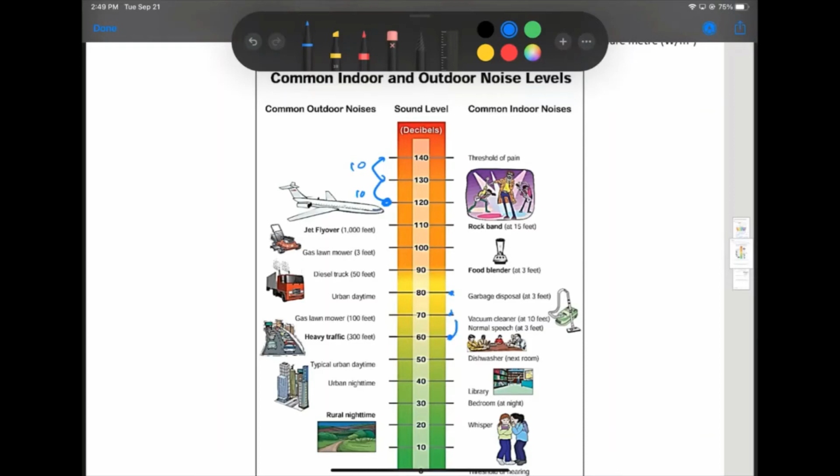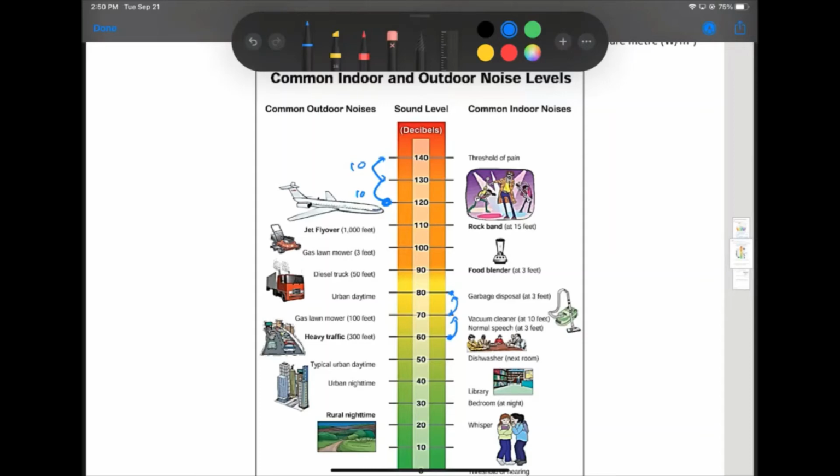It's the same jump. We went up by 20 decibels, which means we're going up by a sound intensity of 100, 10 times 10. And that's really the part to understand. When you're going up and down on the decibel scale, every 10 you go up or 10 you go down will be multiplying sound intensity by 10 or dividing sound intensity by 10.